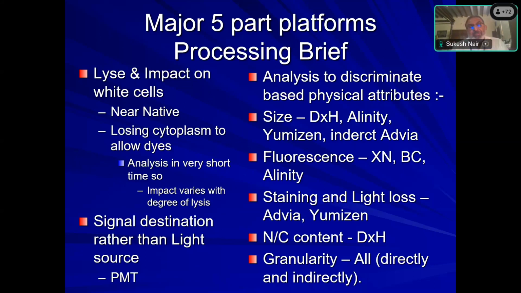When we talk about making punctures, the cells are shrinking, so size cannot be good in certain cell counters, but in certain cell counters, size is good because the cells are in the near native stage, like the DXH from Beckman Coulter, Alinity from Abbott, Unicel from Horiba, and sometimes Advia also can determine size.